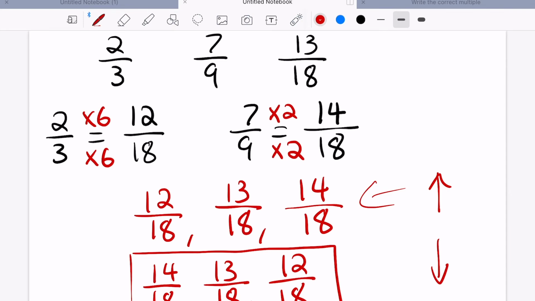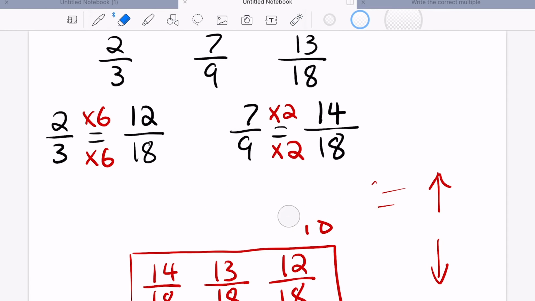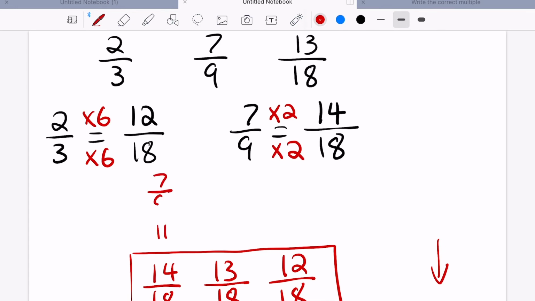But 14/18 is 7/9, right? Let me erase this. So we're going to write it like this. 14/18 is equal to 7/9. Then next is 13/18.